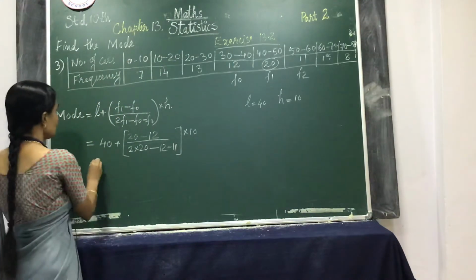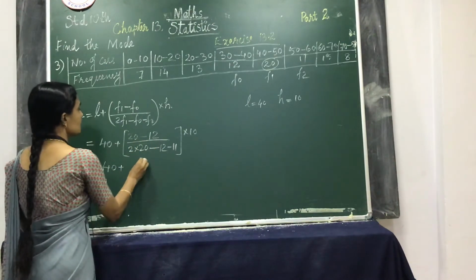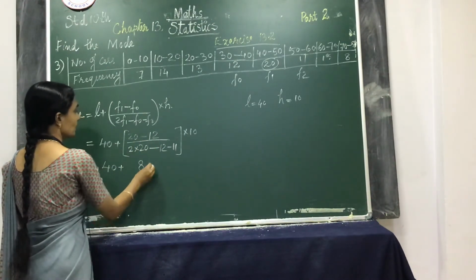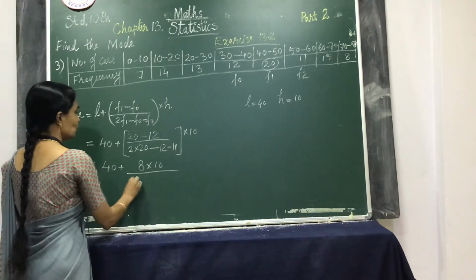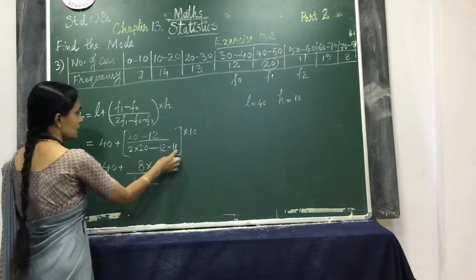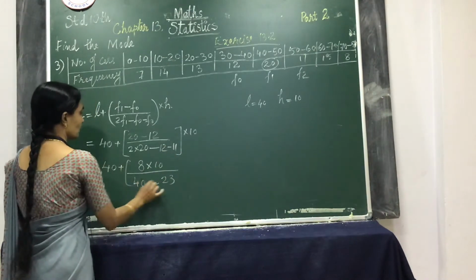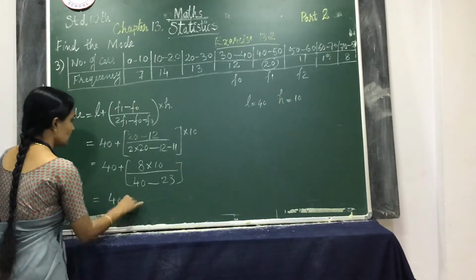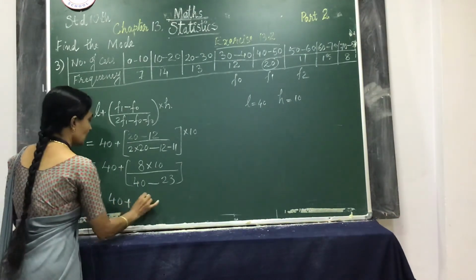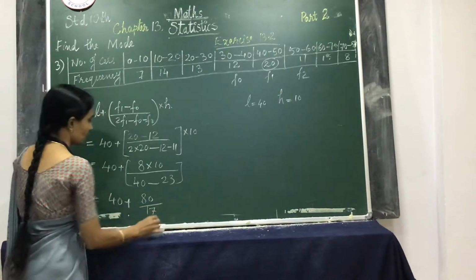Now solving, we have 40 plus 20 minus 12 is 8, into 10, this 10 will go inside. 2 twenties are 40 minus adding these two we have 23. 40 plus 80 divided by 17.